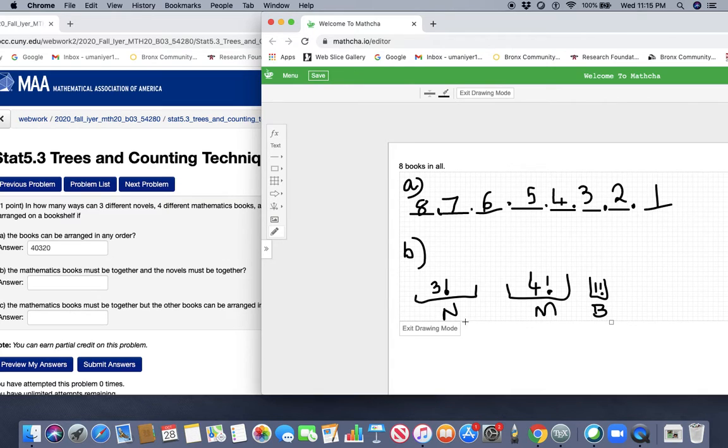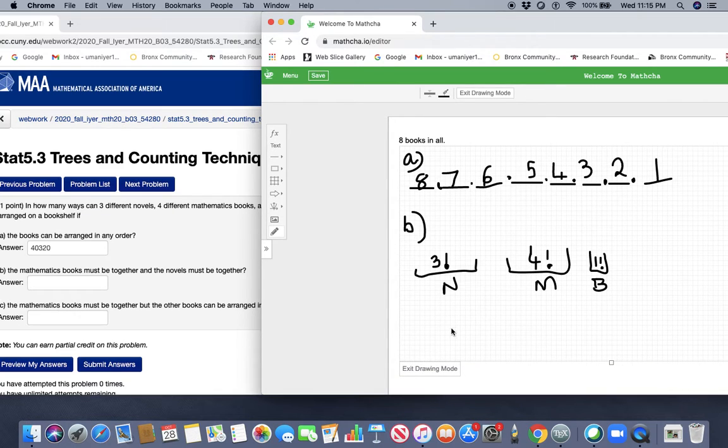Moreover, N, M, B, the blocks can be arranged in order. What does that mean?